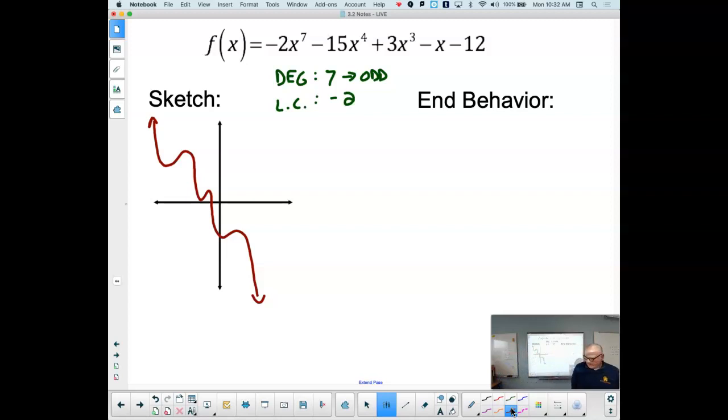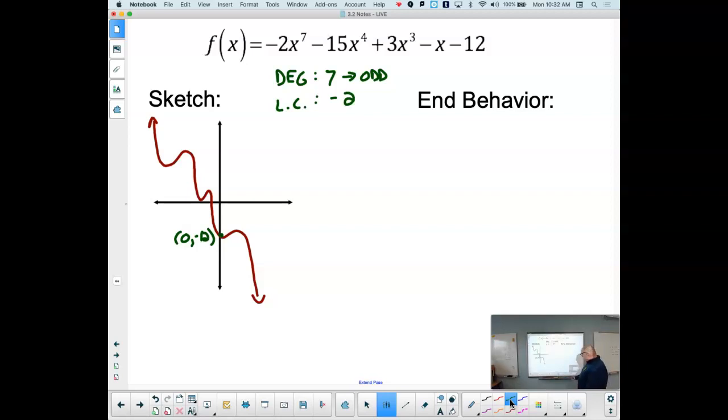I know that it goes through this point right here, 0, -12, because if I put 0 in for my function, 0 minus 12 is -12. So I know it goes through down there. But if you didn't pick up on that, that's okay. I'm okay with it. I just asked for a sketch.